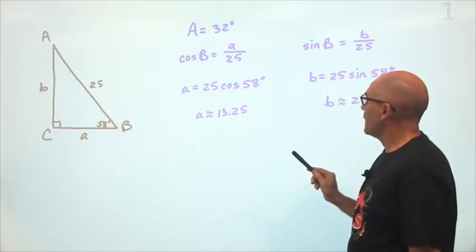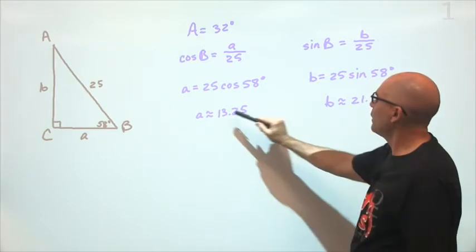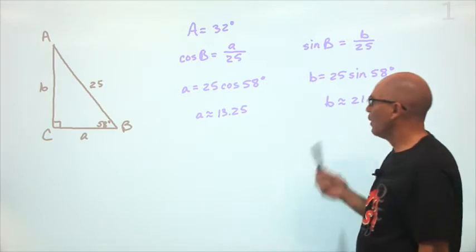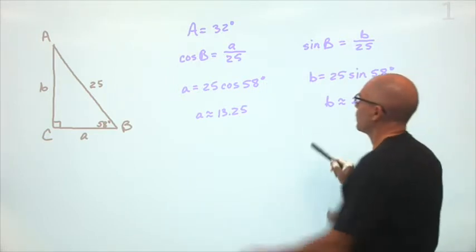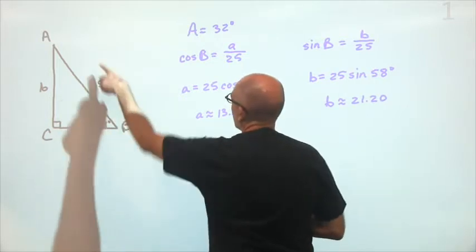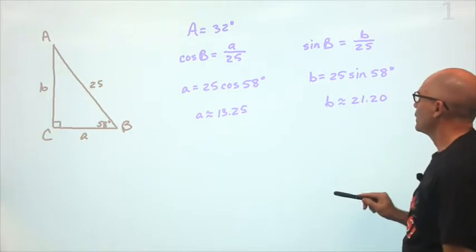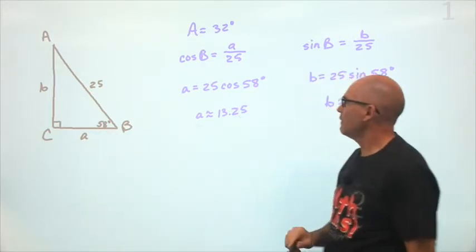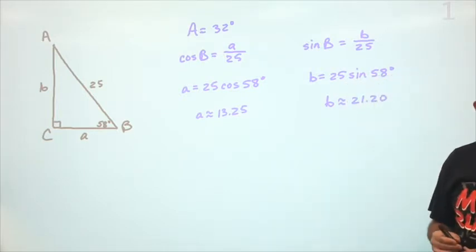Next, we want to make sure that both side A and B are less than the hypotenuse, and they are. So this makes sense if you look at the proportions. If the hypotenuse is 25, it makes sense that the long leg is 21.2 and that the short leg is 13.25. Okay, so let's crank up the juice just a bit more.